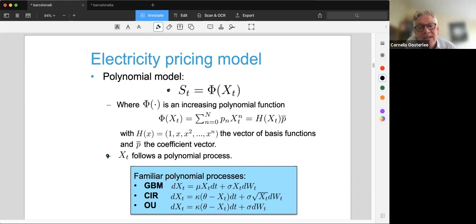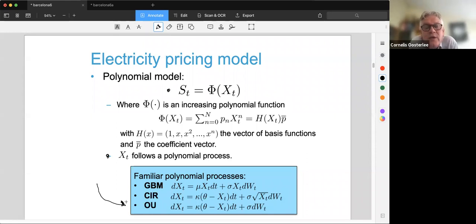The basis for our polynomial processes are things like geometric Brownian motion, the Cox-Ingersoll-Ross process, and the Ornstein-Uhlenbeck process. And typically, if we think of mean reversion in our electricity prices, we may end up with the Ornstein-Uhlenbeck process.